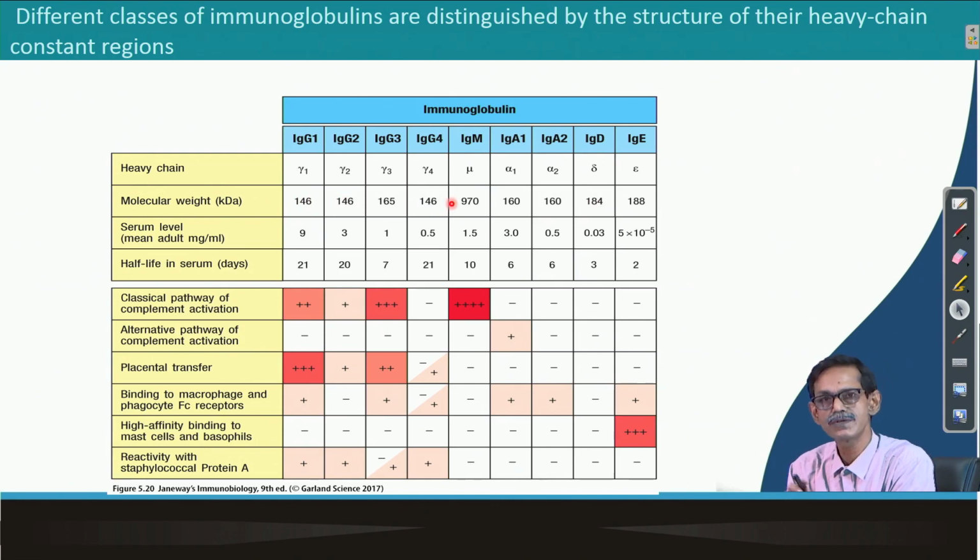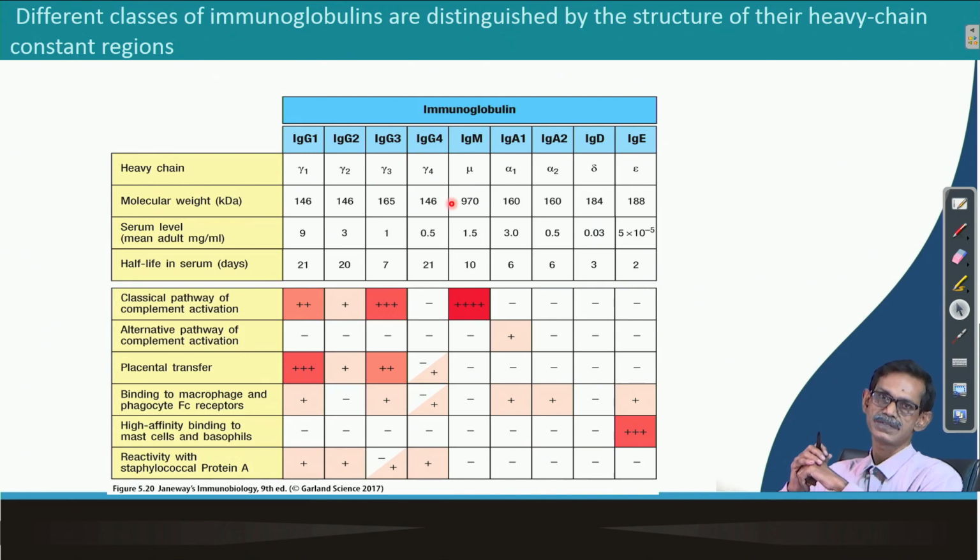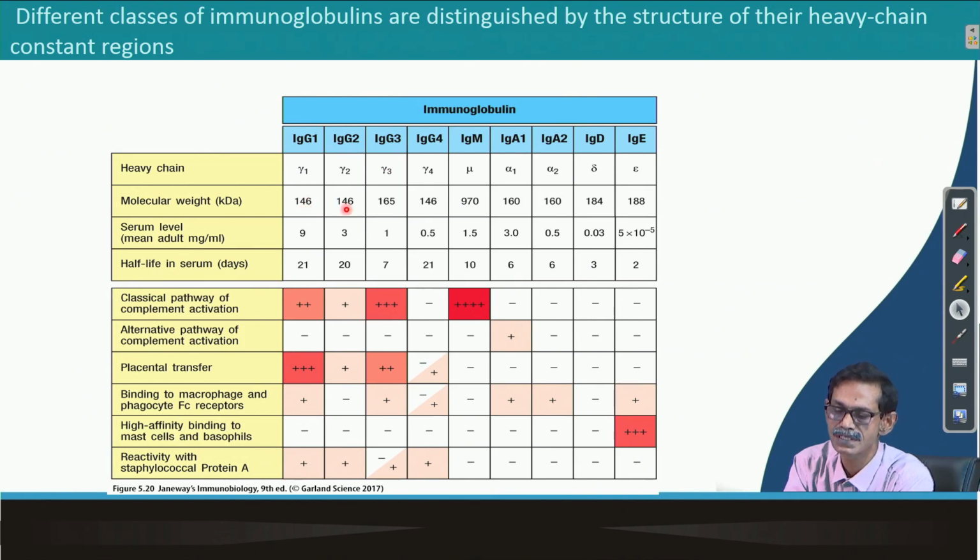Normally what we say is the average molecular weight of IgG is 150, just to be approximate, it is not exact. IgG1 is 146, IgG2 is 146, IgG3 is 165. So, the average is close to 150 kilodalton.